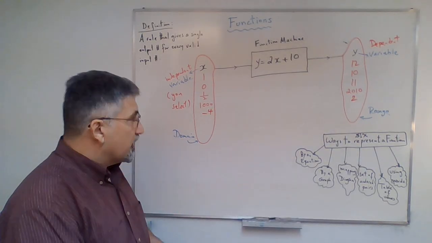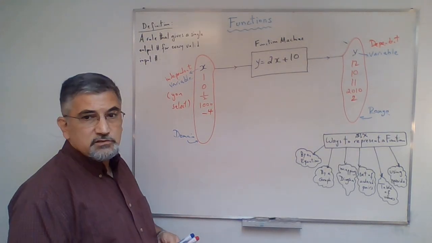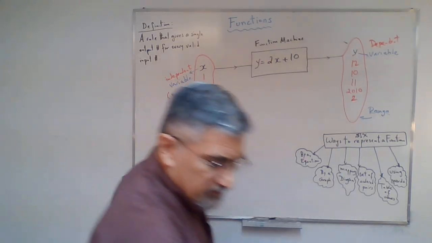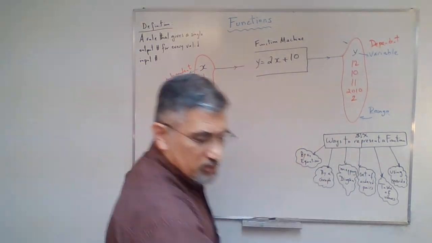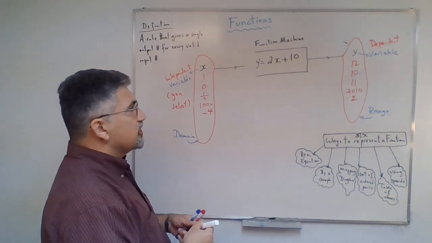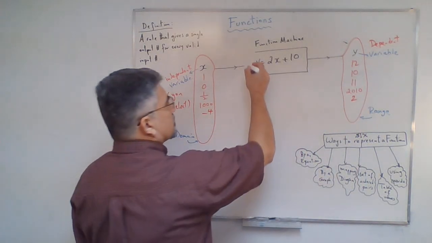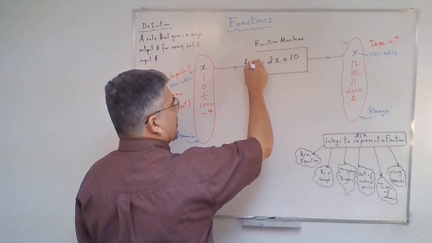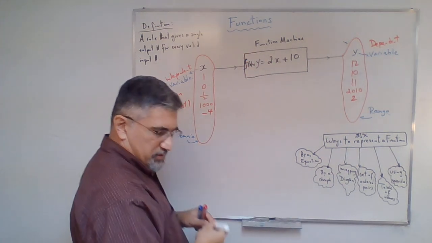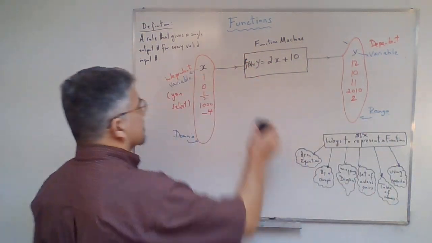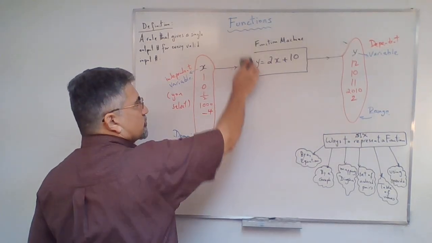And right here I can tell you something, and that is the use of function notation. Instead of using the letter y, which we call the dependent variable, you can show it with this notation, f of x. You must have learned about this in the past. So f of x is called function notation.